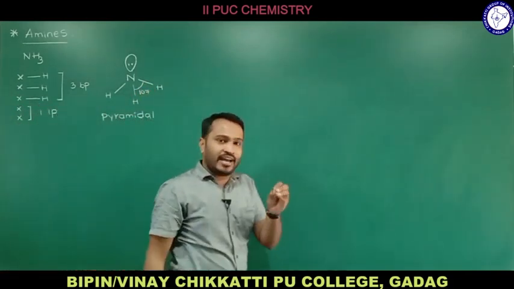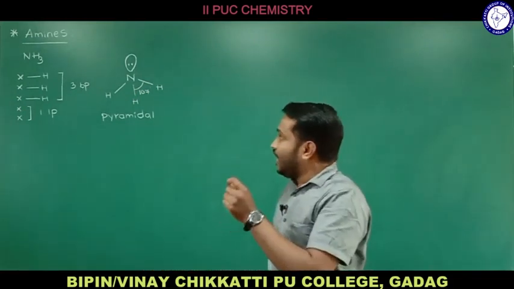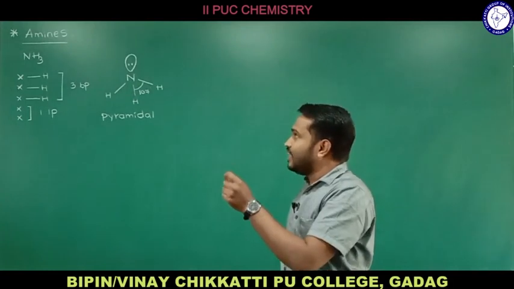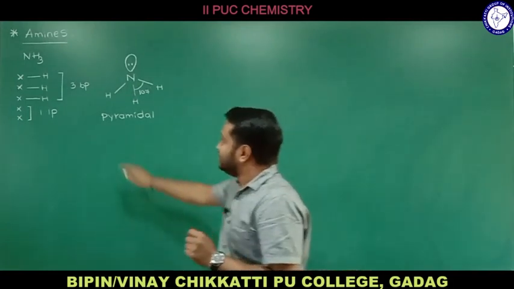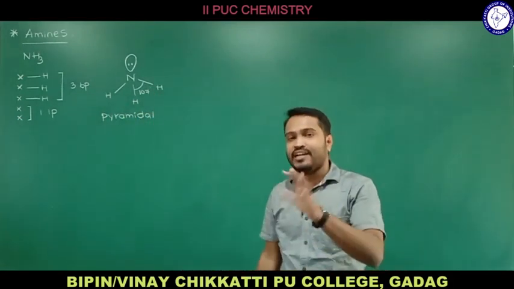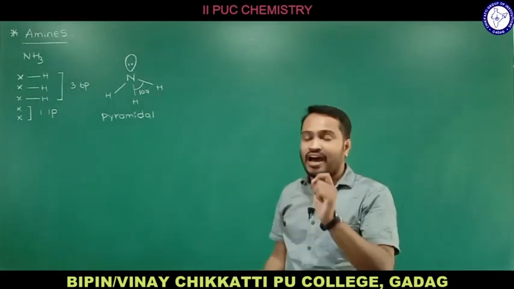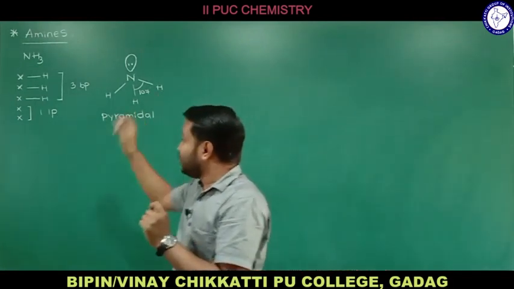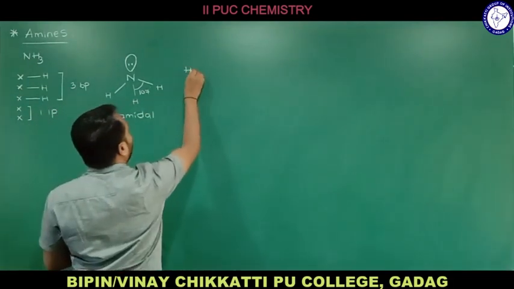So this is how ammonia, NH3, looks. Now, amines are nothing but derivatives of ammonia. Since we have 3 hydrogens, all 3 hydrogens can be replaced. You can replace this hydrogen by an alkyl or aryl group. Similarly, the remaining 2 hydrogens can also be replaced by alkyl or aryl groups.